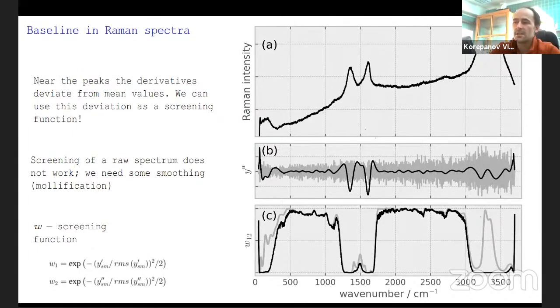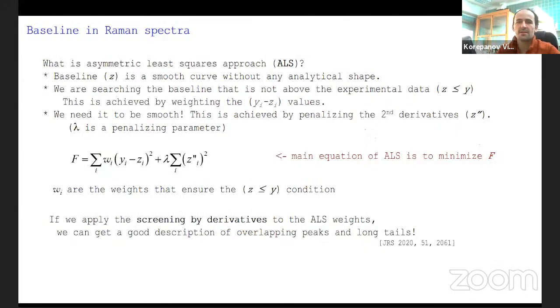This is just the screening function, the main purpose of which is to detect the peaks. And as you can see, if you compare it to the top plot, it really does detect the peaks in the Raman spectra.